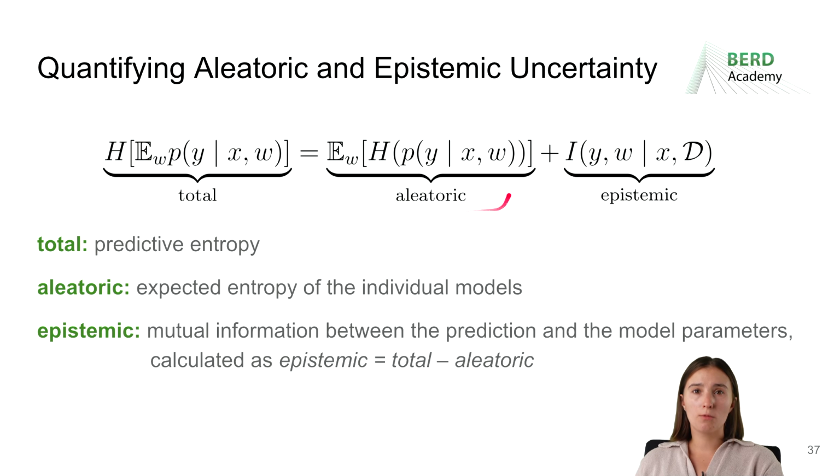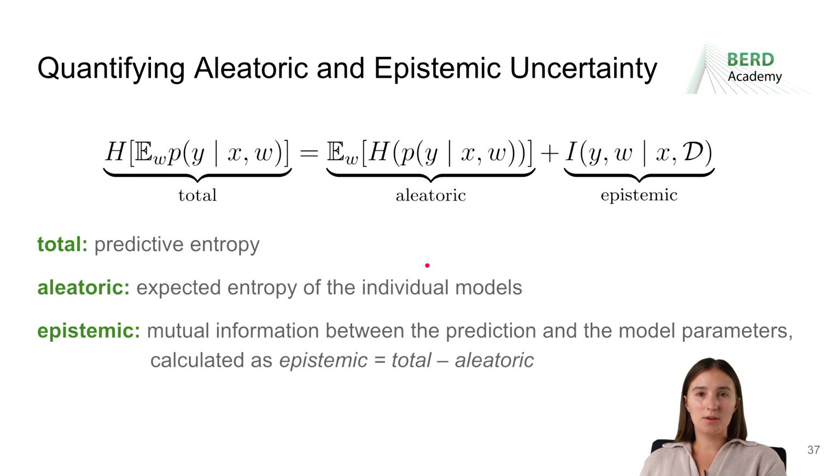And then the remaining part is the epistemic uncertainty, and that's also how it's usually calculated. So you basically calculate the total entropy minus the aleatoric part, and this gives you the epistemic uncertainty. And this is exactly what's described with this letter I here, which stands for the mutual information between the prediction and the model parameters. The definition of it is literally just the entropy of the expectation minus the expectation of the entropies.